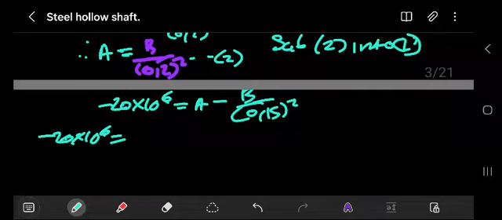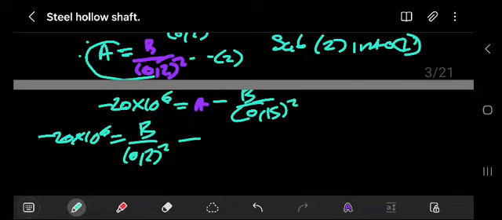Where I see A, I replace it with B over 0.2 squared, minus B over 0.15 squared.